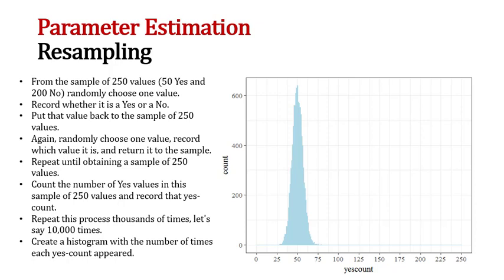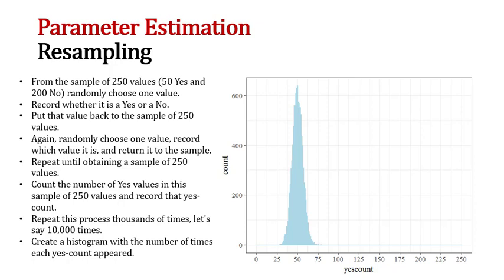We randomly choose another value. We write it down. We do that again and again and again, 250 times. So we create a new sample of 250 values based on the 250 values that we have in our sample.